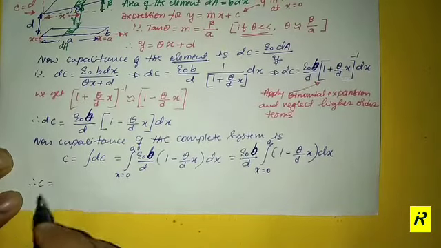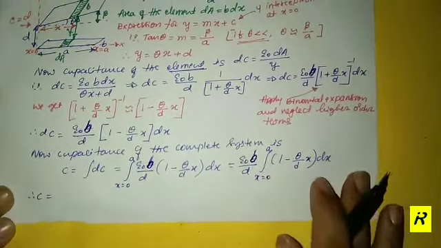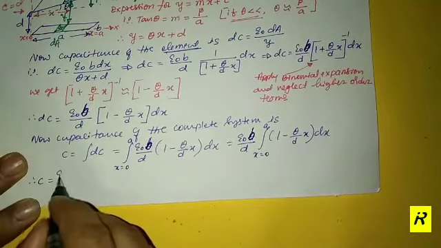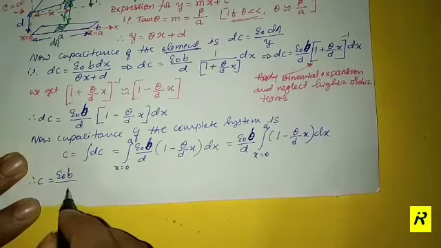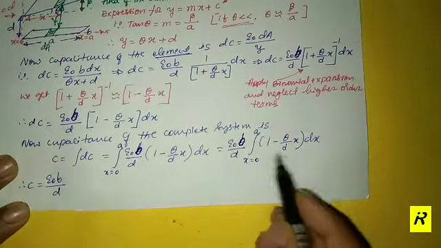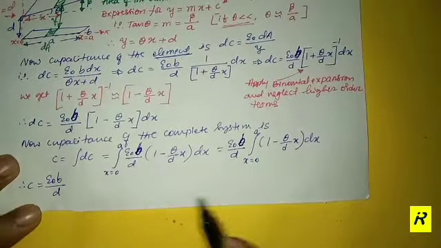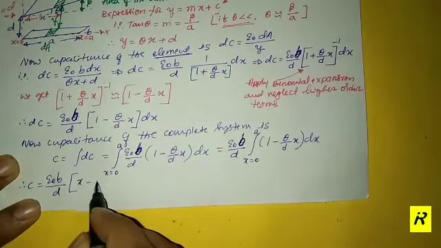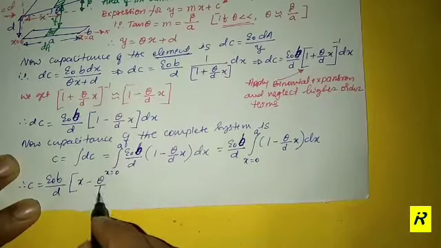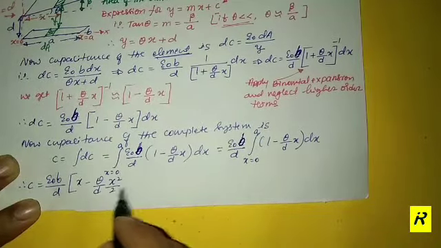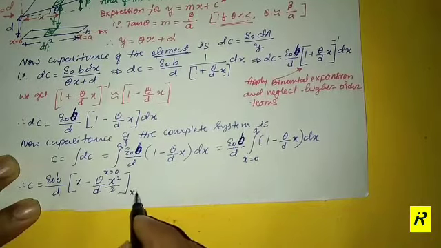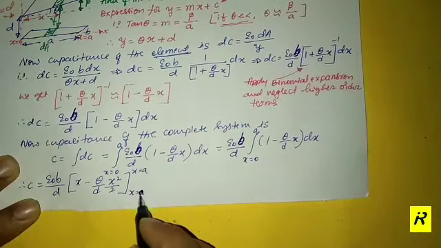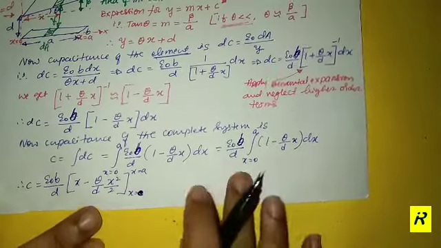Therefore, C is equal to epsilon O into b divided by d. And in this result, we get x minus theta divided by d into x square divided by 2, with the limits x equals 0 to x equals a.